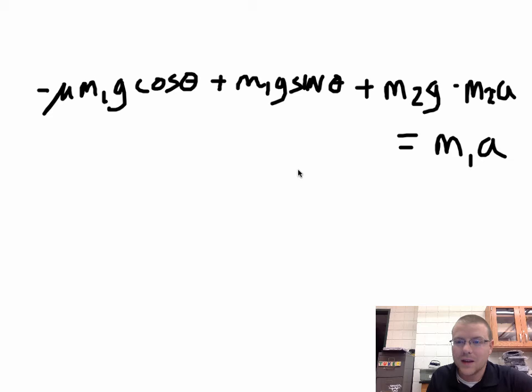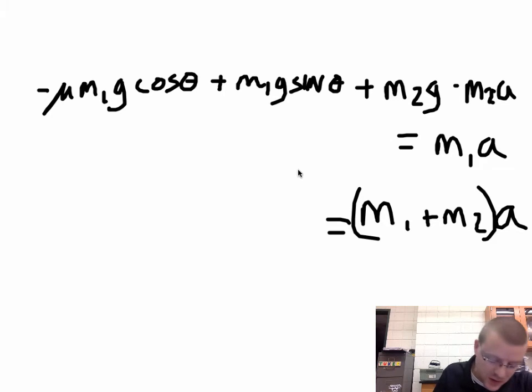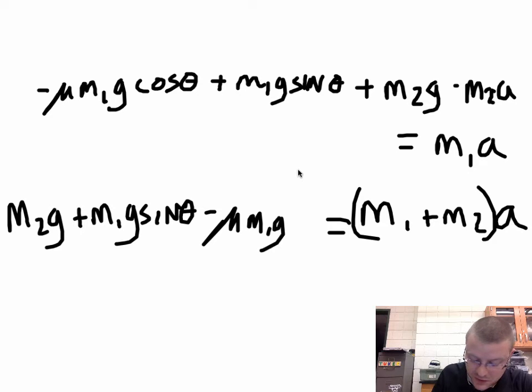So if we want to get the MAs all together, what you got on one side is mass 1 plus mass 2 times acceleration, and on the other side of our formula here, we've got m2g plus m1g sine minus that force of friction, mu m1g cosine.